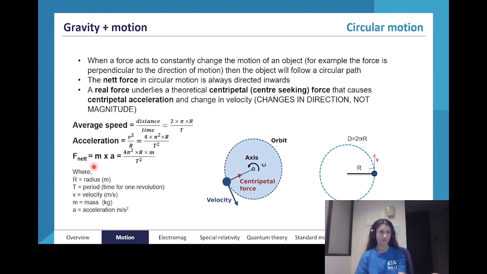And then the net force is equal to mass times acceleration, or 4 pi squared r times m divided by the period squared. All of these formulas are in your formula book. It's a case of practicing, applying them, and having a basic understanding of the concept.